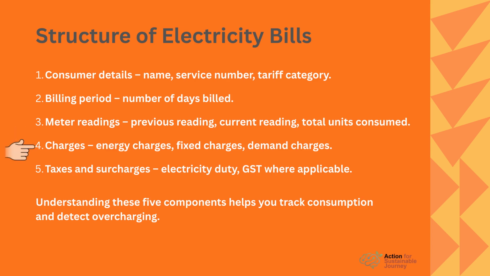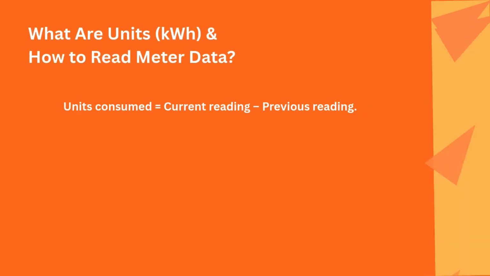Fourth, the charges like energy charges, fixed charges, demand charges, etc. And fifth, the taxes and surcharges, electricity duty, GST where applicable. Understanding these 5 components helps you track consumption and detect overcharging.